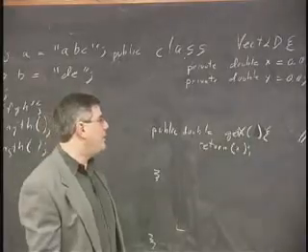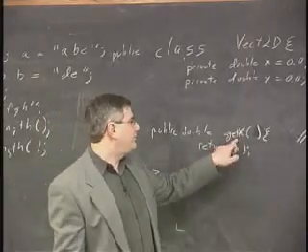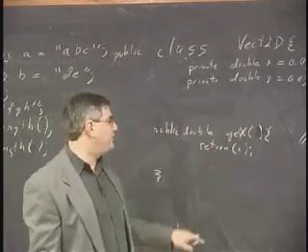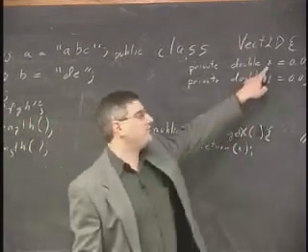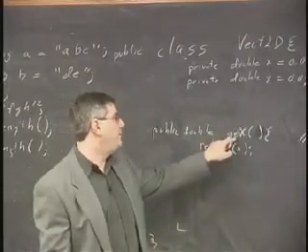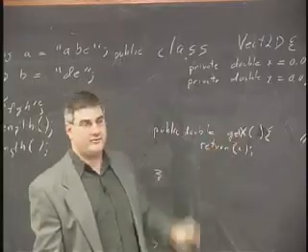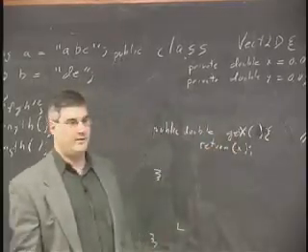And another Java convention is that accessor methods should have this naming syntax. So if you have a variable called small x in your program, then you have a method called getX, which returns the value of x.